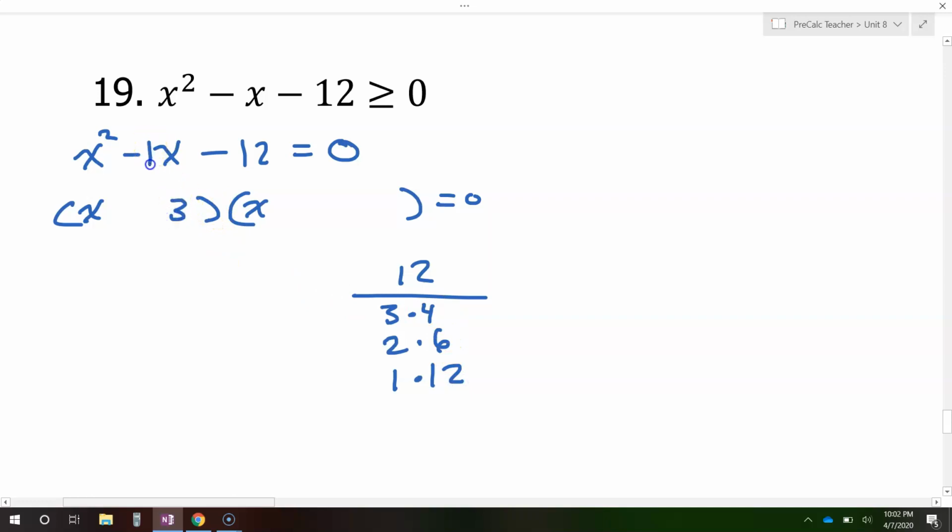I need the middle term to be -1, so 3 times 4 is my best bet. Because if I have a positive 3 and a -4, that's going to make -1. Also, positive 3 times -4 is -12, so that's going to work out great.